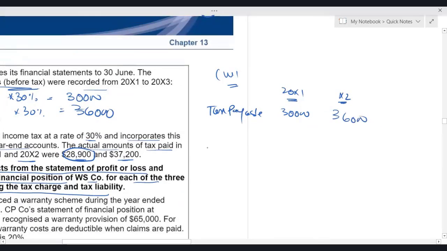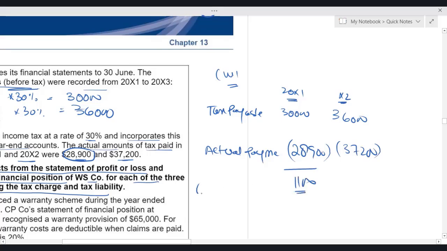But actual payment is 28,900. Here actual payment is 37,200. 1,100 is actually the over provision. And here 1,200, I'm having the under provision.